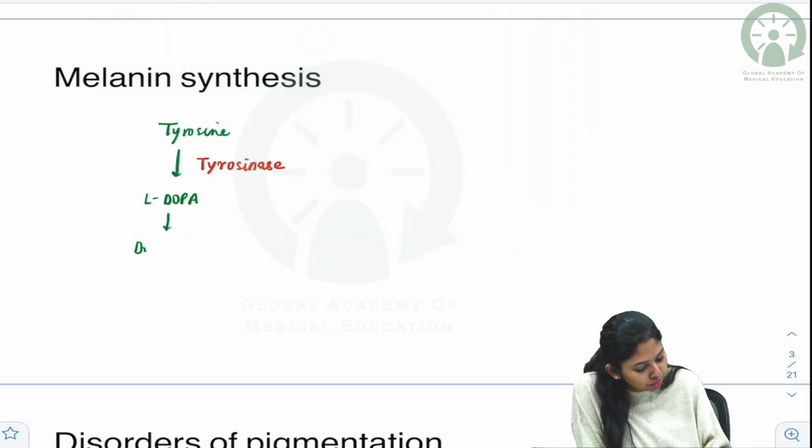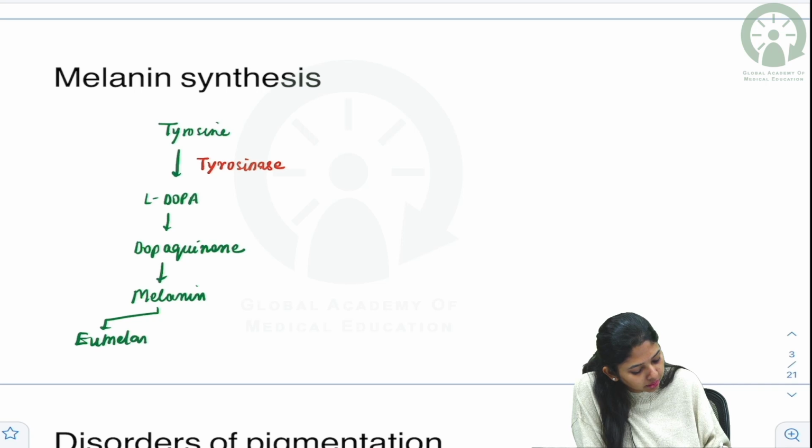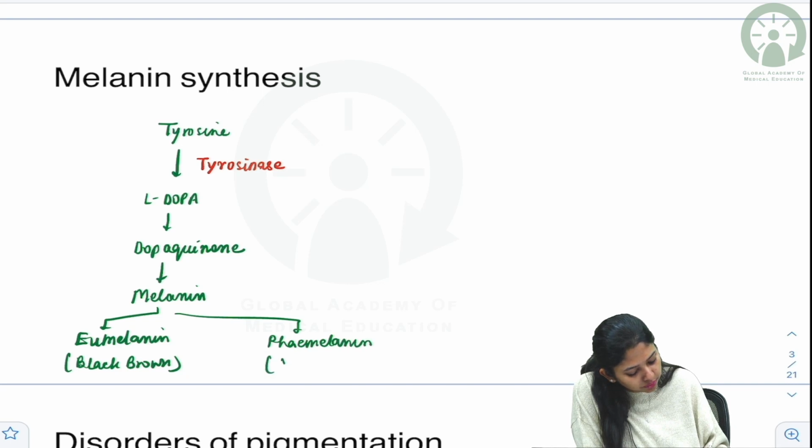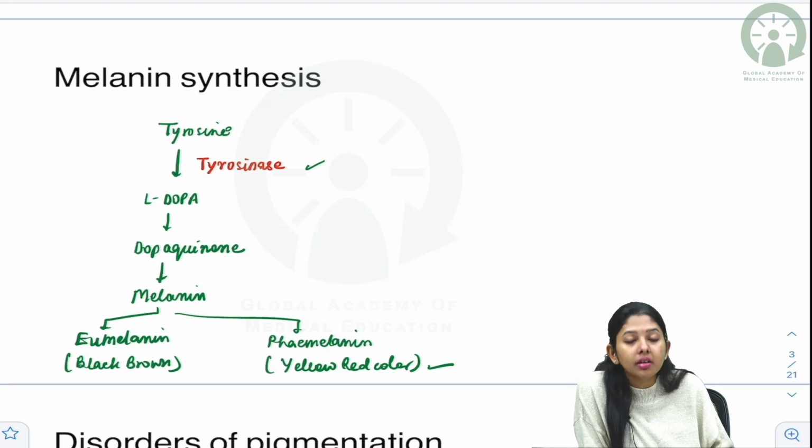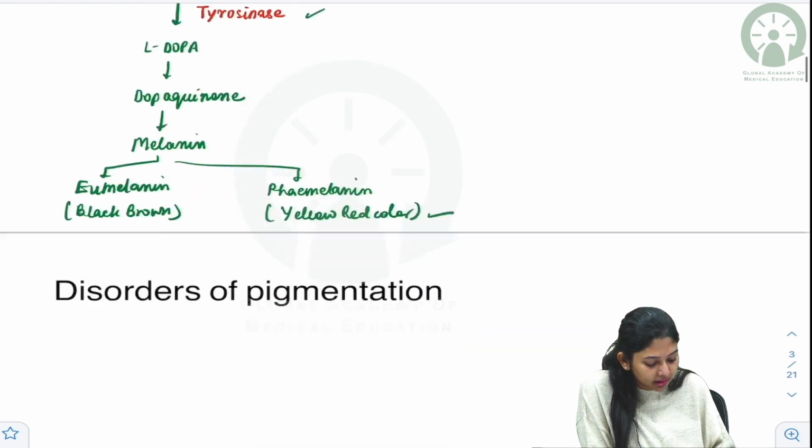And then this is converted into dopaquinone, and then this is converted into melanin, which is of two types: the eumelanin, which is of black brown color, and the pheomelanin, which is of yellow red color, right? So this is the pathway for melanin synthesis.